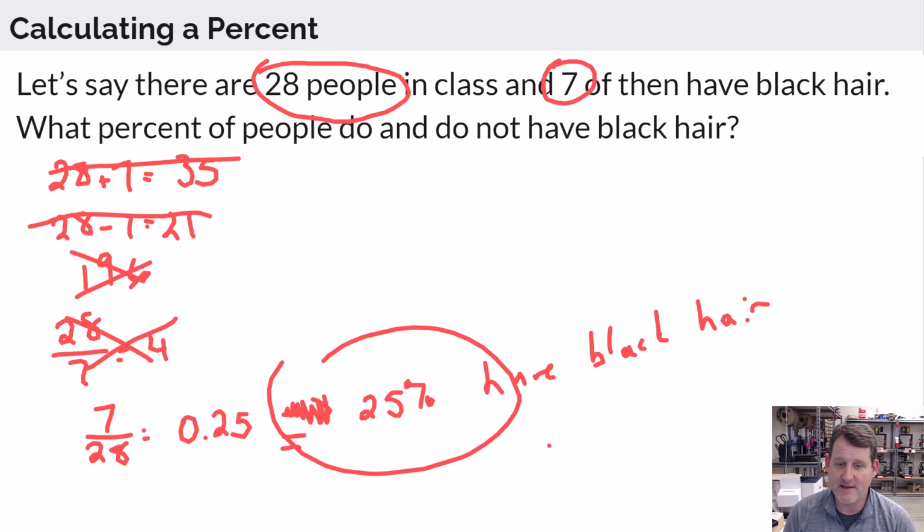Now that means that the other part of the people, up to 100%, have other colors of hair. So we say 100% minus 25% equals 75% of other colors of hair, or not black hair.